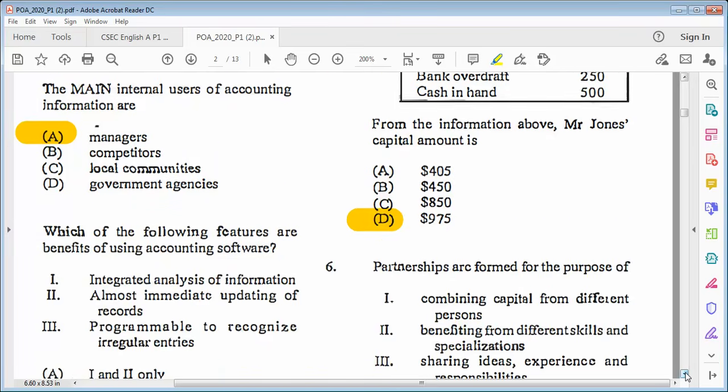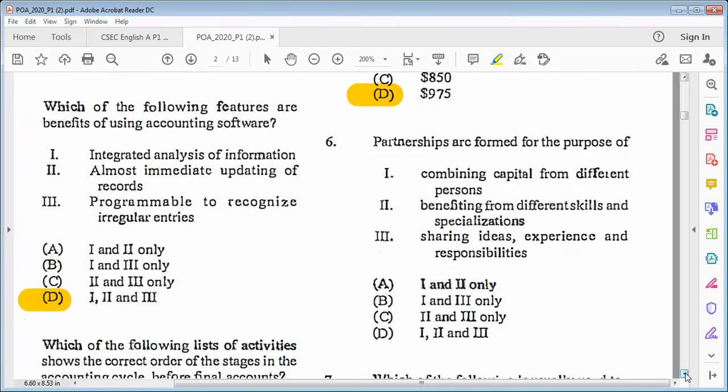Move on to number 6. Partnerships are formed for the, let me read that again. Partnerships are formed for the purpose of 1, combining capital from different persons, 2, benefiting from different skills and specializations, 3, sharing ideas, experience, and responsibilities.